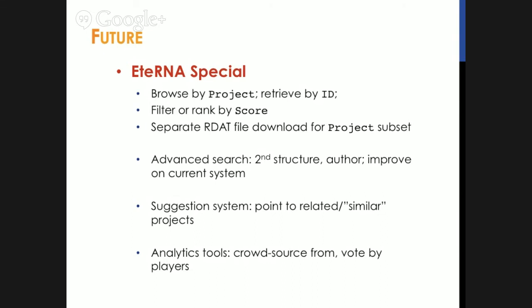So this is a better way to view the data of interest than knowing the whole RDAT file. Also, maybe to know more about the scores, you can filter all the entries above a certain cutoff, or you can do a ranking of the scores.